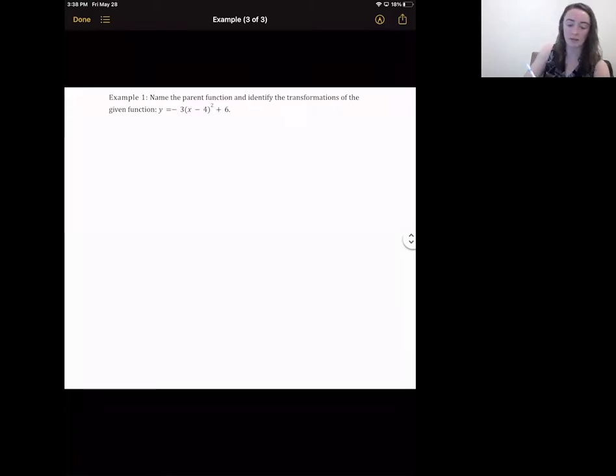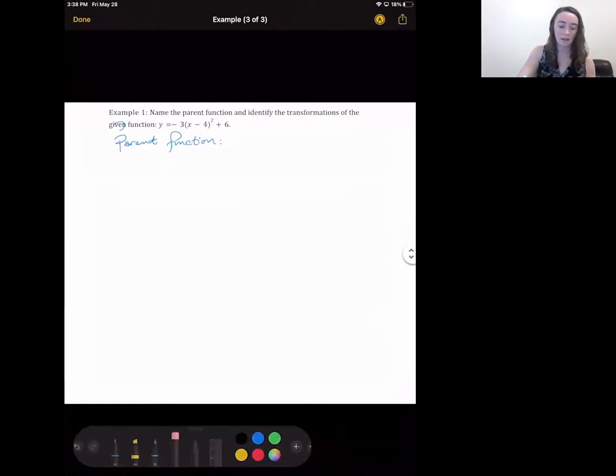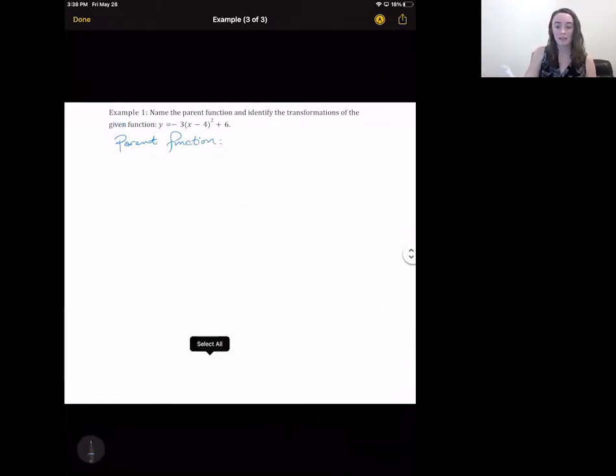So first we're going to identify our parent function, which is going to be one of the types of functions that we identified in the Explore activity. I see this squared, this exponent of 2 on that parenthesis, the quantity in the parentheses. So that indicates to me that our parent function is a quadratic.